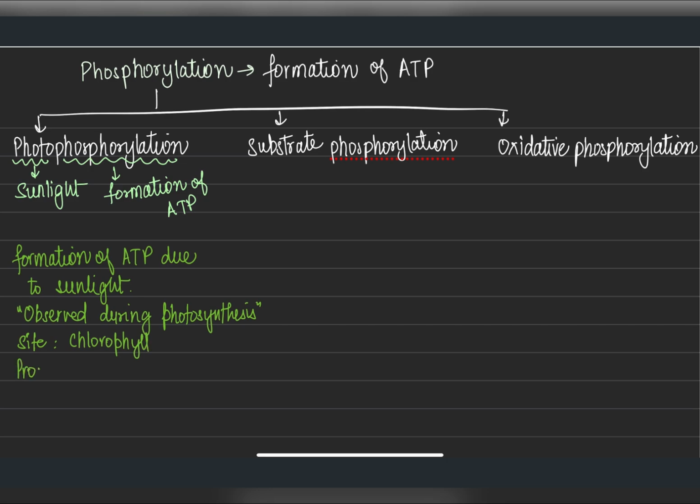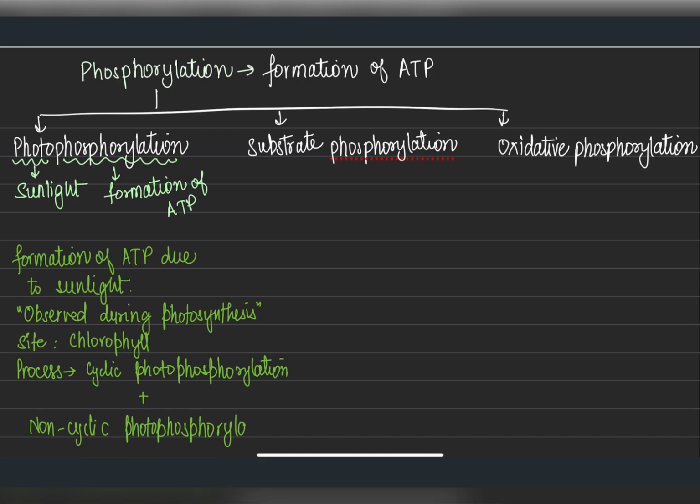And the process is cyclic photophosphorylation plus non-cyclic photophosphorylation. Right? So this is photophosphorylation, which is very easy to understand.